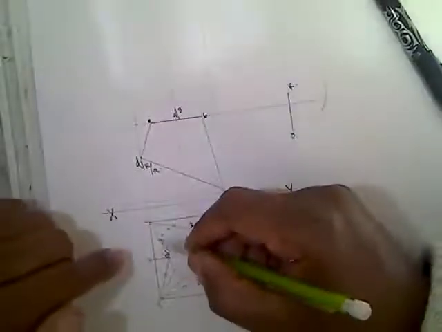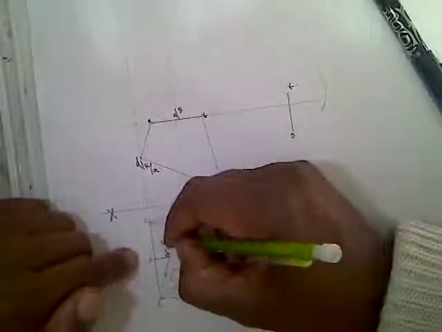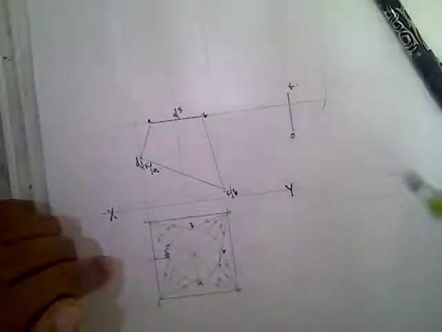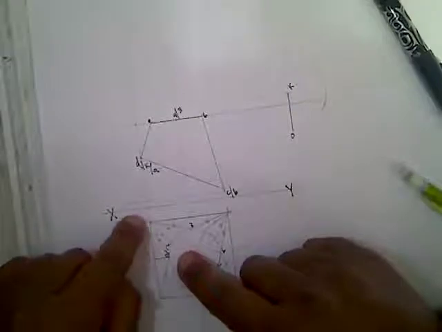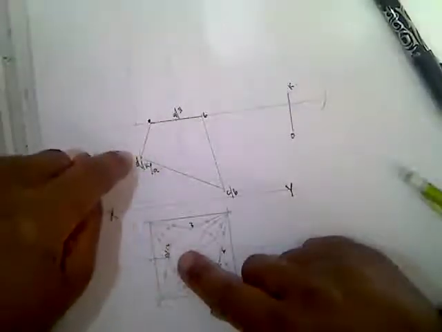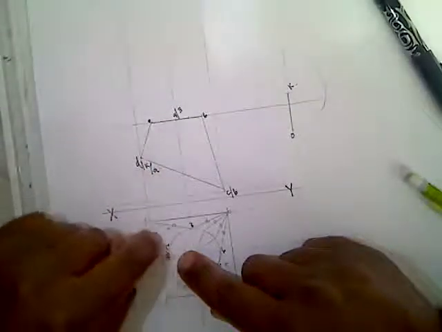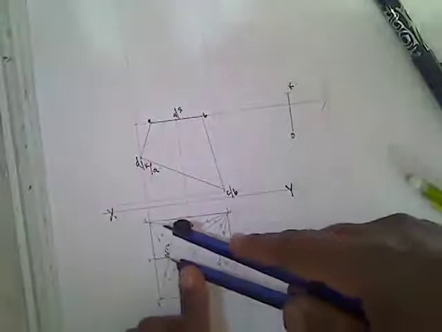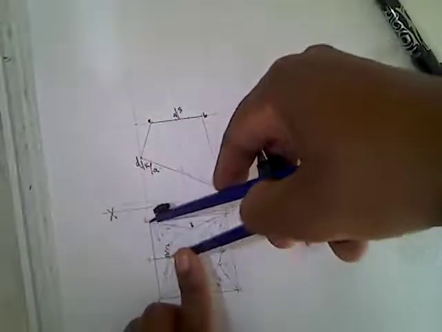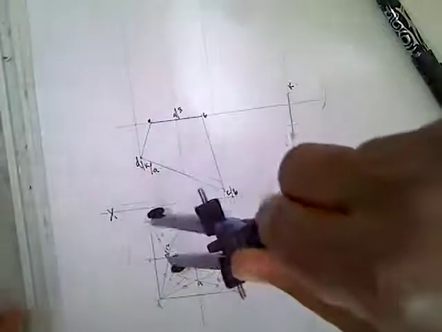Should I get the true length of that one, then I'm covered with all those that have got a 0 like that. So 0 to A is not parallel to the ground line. So I rotate A and make it parallel to the ground line.